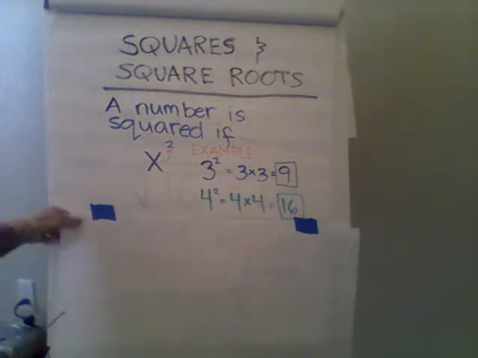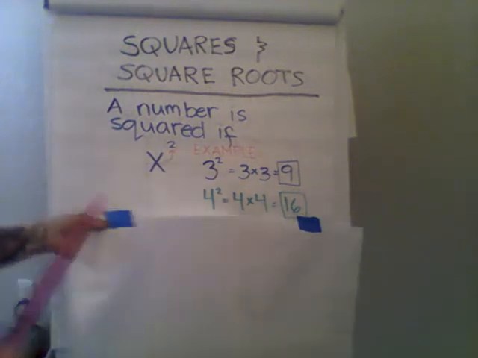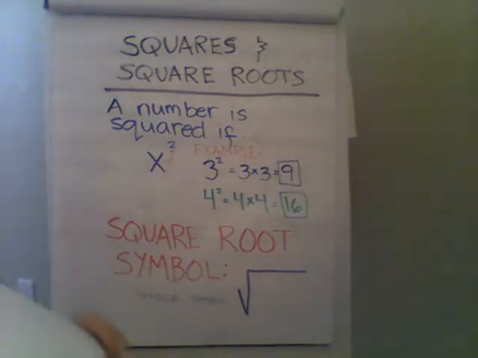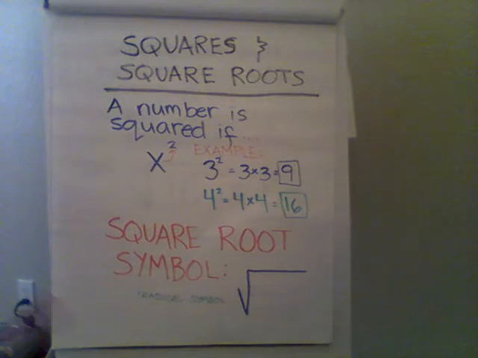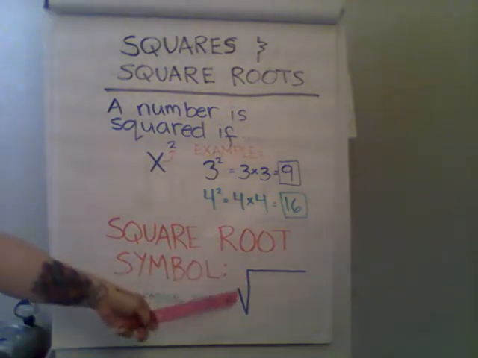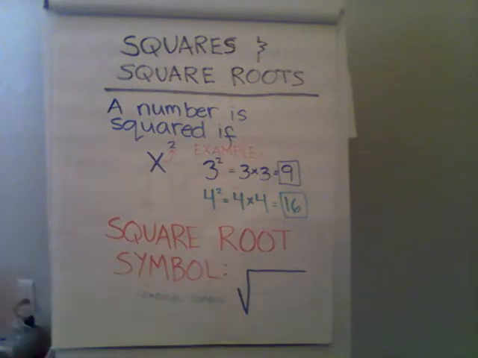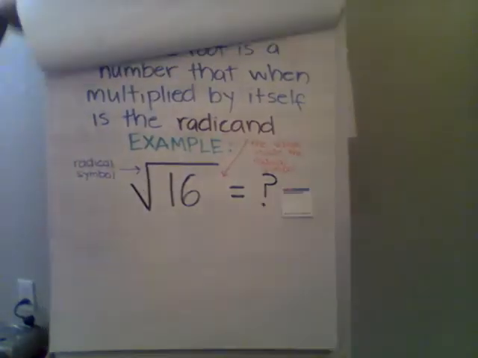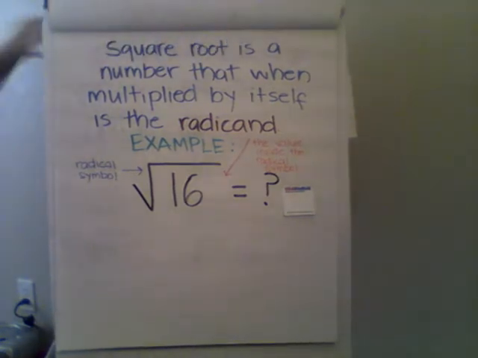Now, a square root is just a little bit different, but they're pretty much the same thing. So right here we have our square root symbol. We have seen this several times. This is also called the radical symbol. So what exactly is a square root? Well, a square root is a number that when multiplied by itself is the radicand. What's the radicand?